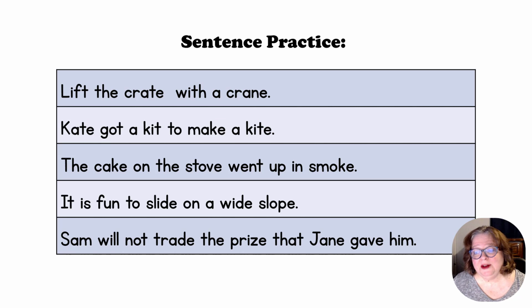Okay, the sentences are getting a little bit longer here. Let's preview the words. Here's a silent E, so the A is going to say its name. Here's a silent E. The O will say its name. And the very last word, another silent E, so that's going to be an O sound. Ready?